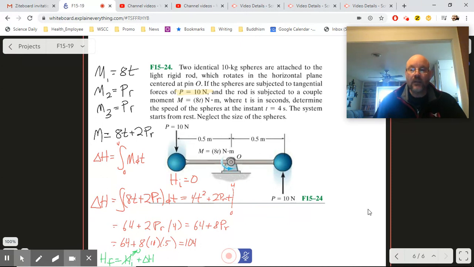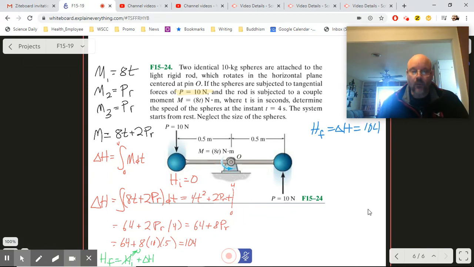So let me scoot over to the other side here. So we find that our final is our delta, which is that 104 number, just like that.